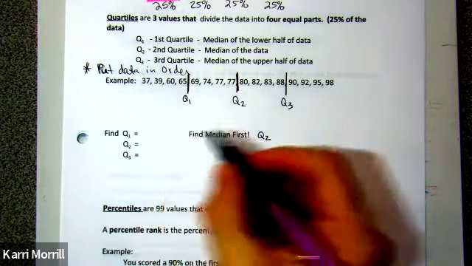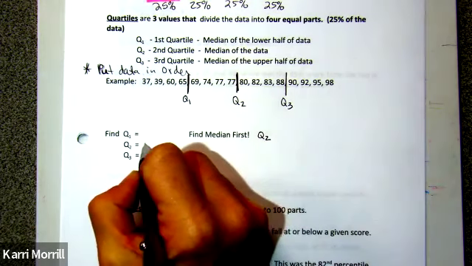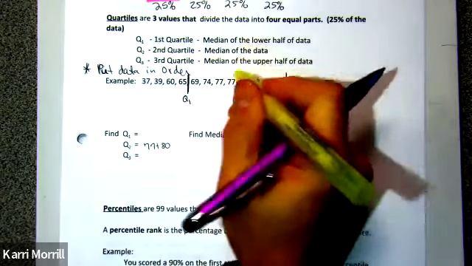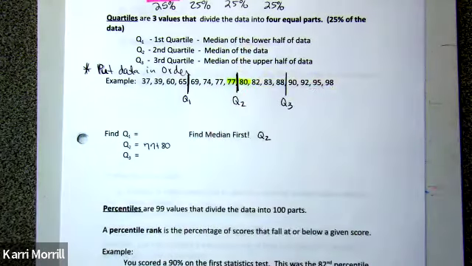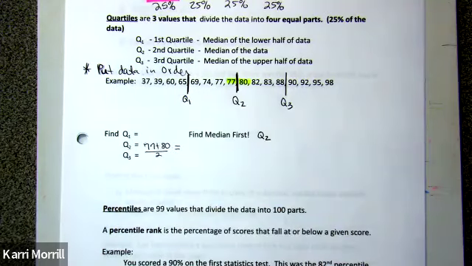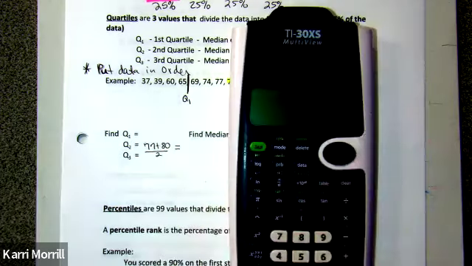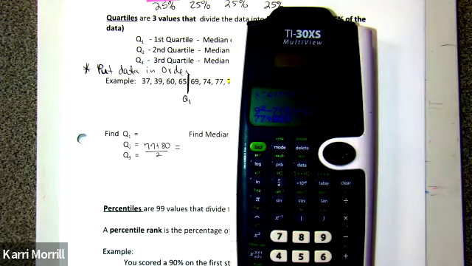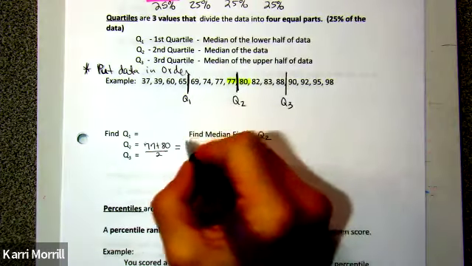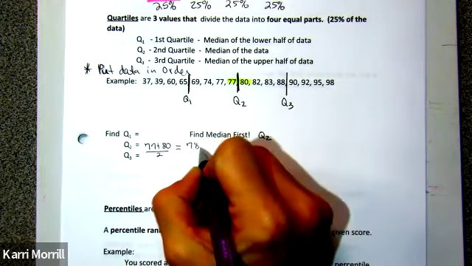So your median would be taking 77 plus 80, because those are the 2 middle numbers, and then we divide it by 2. 77 plus 80 divided by 2 is 78.5. So quartile 2 would be 78.5.